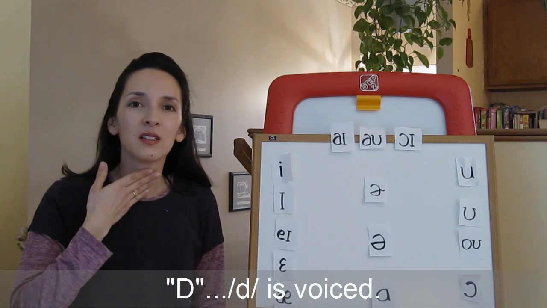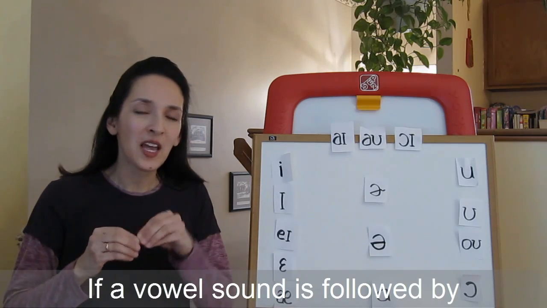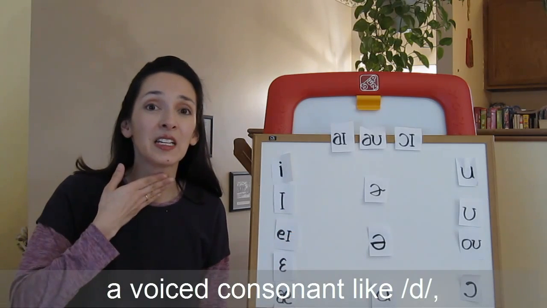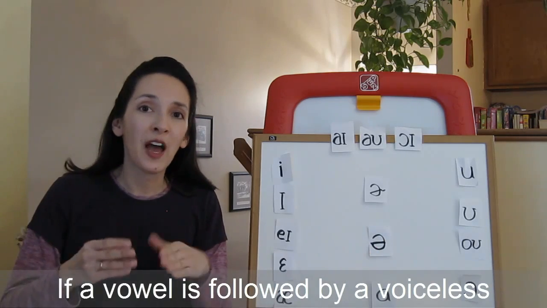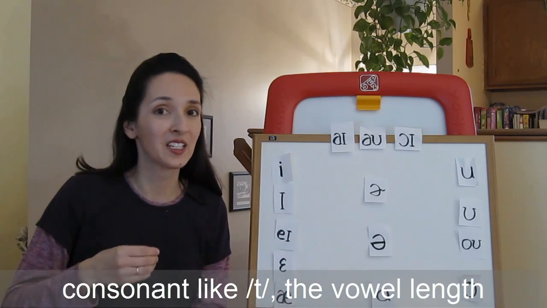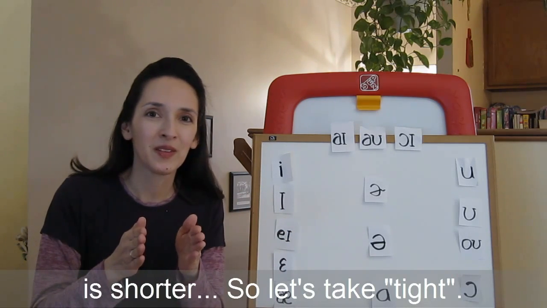D, d, d, is voiced. If a vowel sound is followed by a voiced consonant, like D, the vowel sound is longer. If a vowel is followed by a voiceless consonant, like T, the vowel length is shorter.